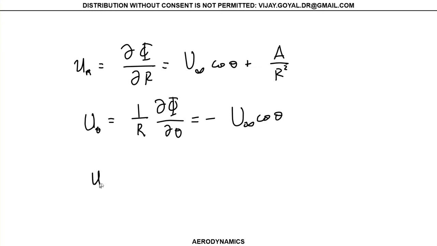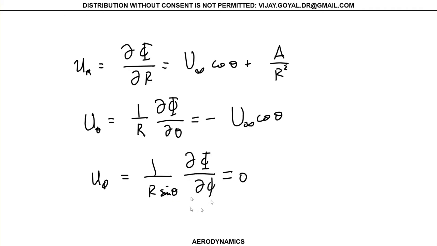And then u phi is equal to 1 over r sine of theta partial of phi with respect to phi, and that's equal to 0. Okay, it's not a function of phi at all. So now we have our velocities, and now let's see if we can understand the problem itself.